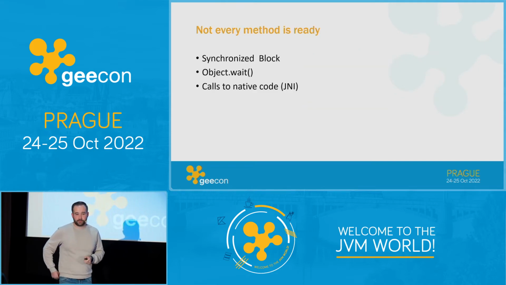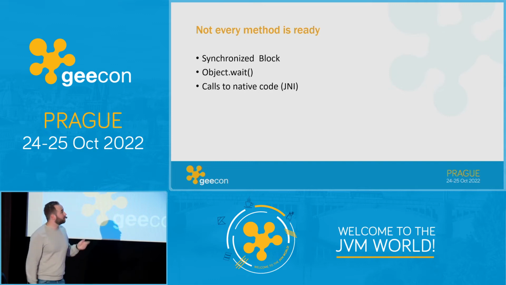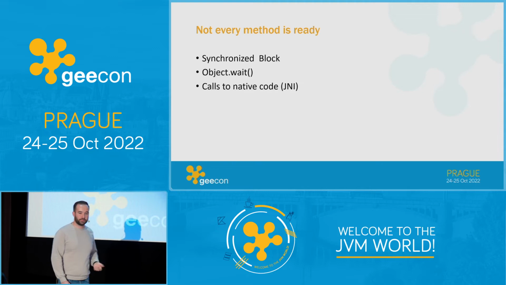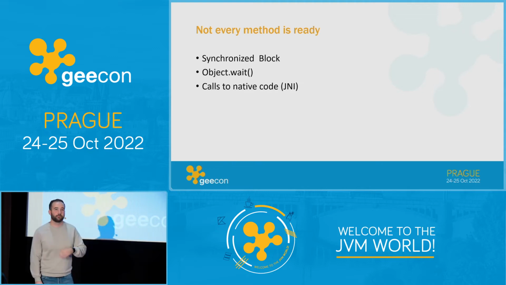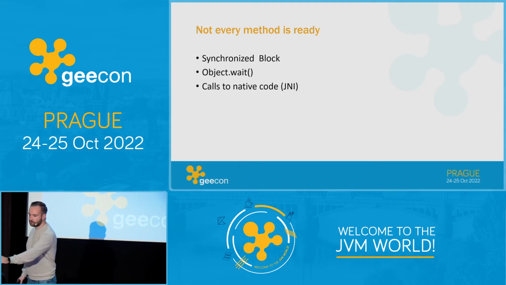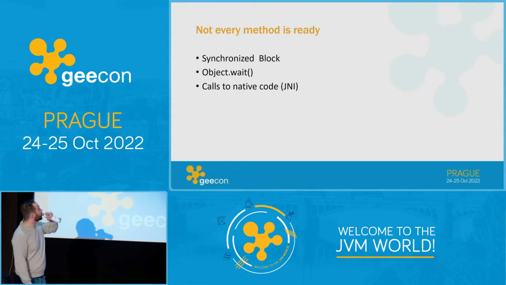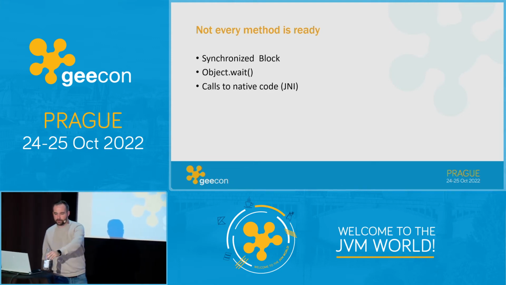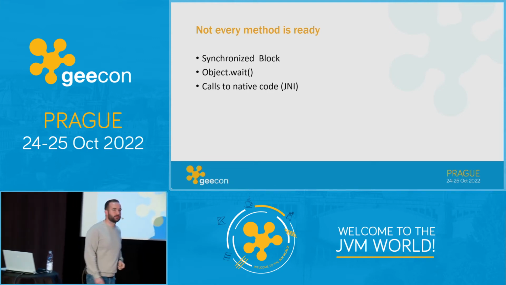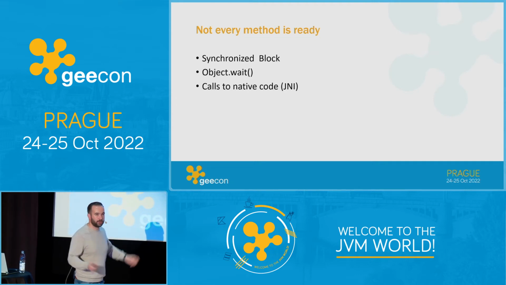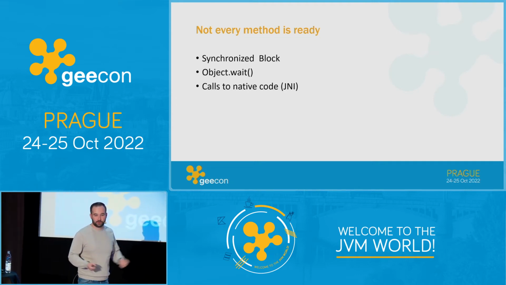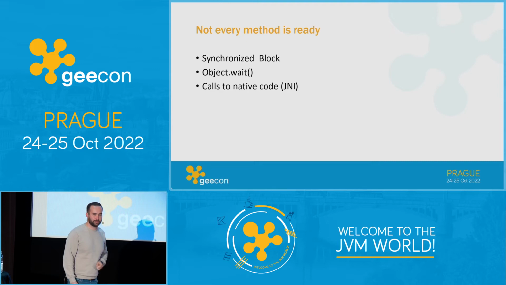There are some points you have to watch out for. For example, as I have said, when you encounter a blocking method, it will be unmounted. But not every method is ready yet. As I have said, Project Loom is still a work in progress. So here I have 3 methods: the synchronized block, Object.wait, and some random call you may do to native code using JNI.